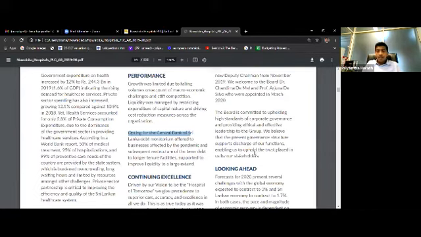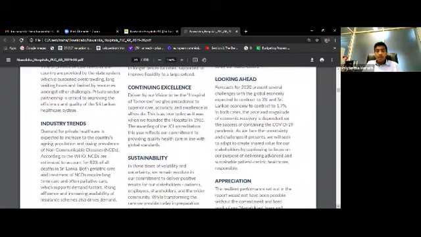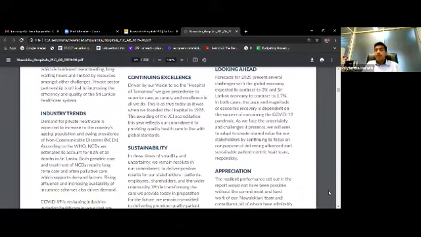And yes, so looking ahead, read this part, right? You can understand next year. Forecast for 2020 presents several challenges with the global economy expected to contract by 3%, right?